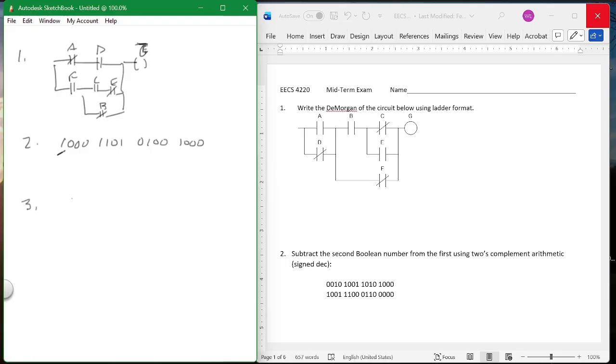Number three, there's two good ways of doing this problem. Either way works. One is with a counter, and the other way is with one-shots. Either way is acceptable. Now, if you use a counter, counters use a one-shot, and basically it's a count to three, so the S1 is all you need, and then it counts up to 3.